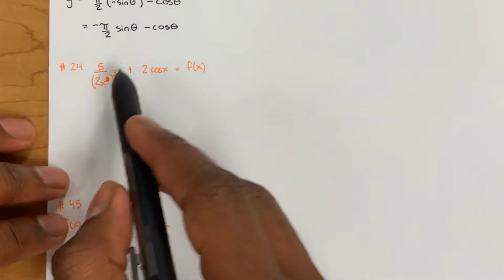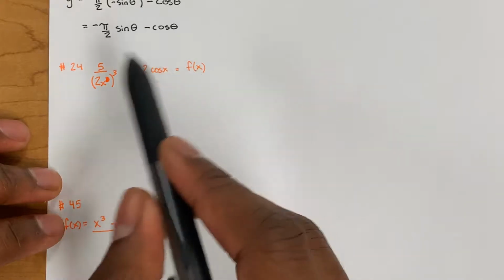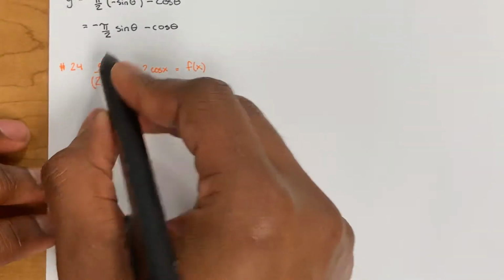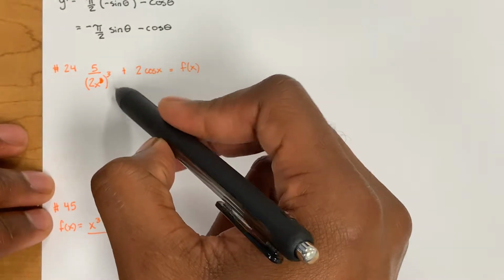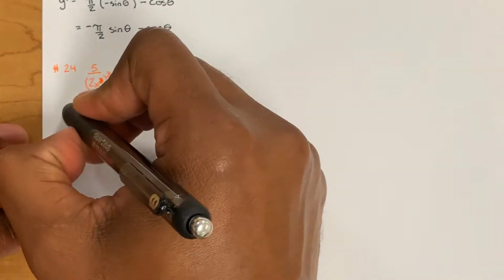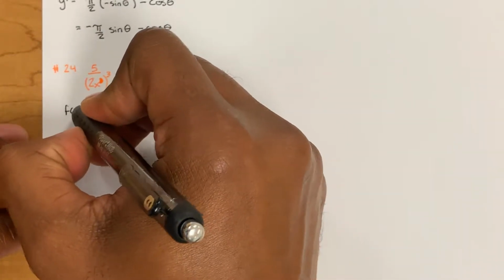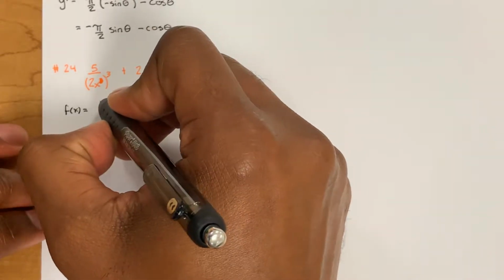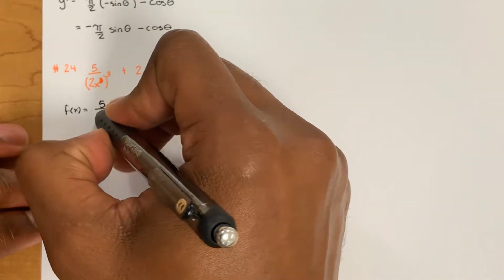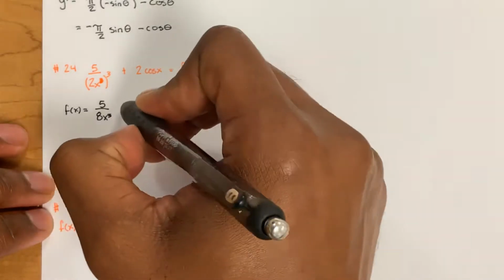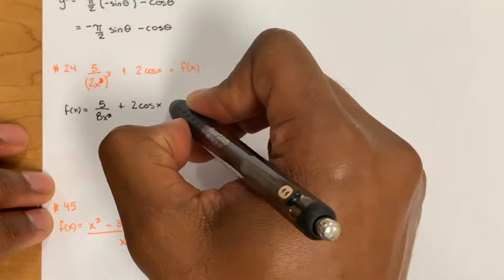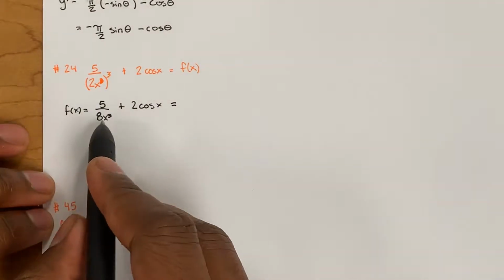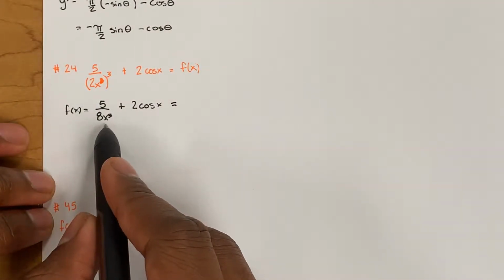And then for number 24, I wrote it backwards, but it's the same problem. So the first thing is we have 5 over 2x, and the quantity is cubed. So we should rewrite this as f of x equals 5 over 8x to the 3rd plus 2 cosine x. And we should further rewrite this so that the x is on the top.